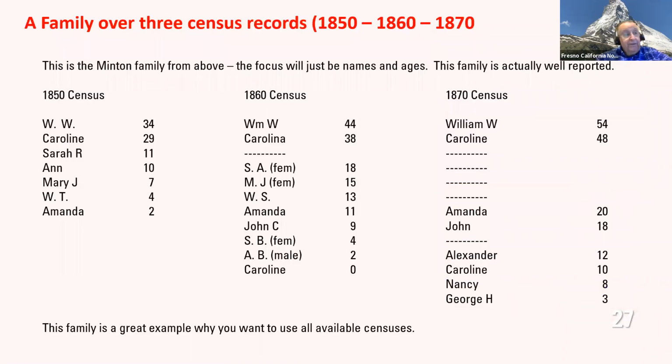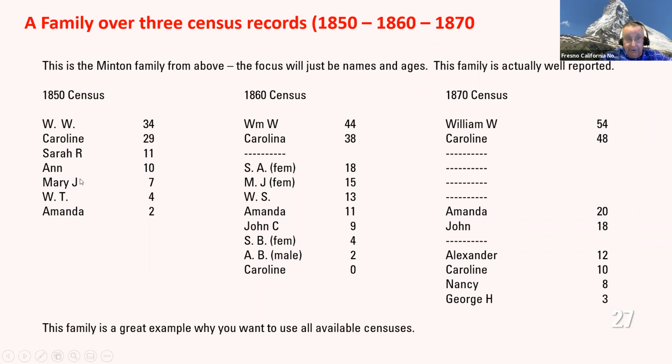Okay, one thing that's important with censuses is to try to find families in multiple records if possible. So I went back and tracked this family from the 1850 census, 60 census, and 70. And of course, William and Caroline are in both.